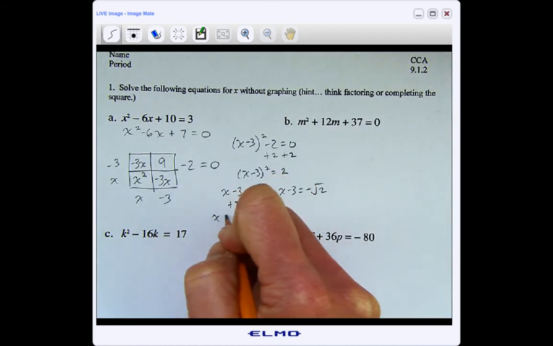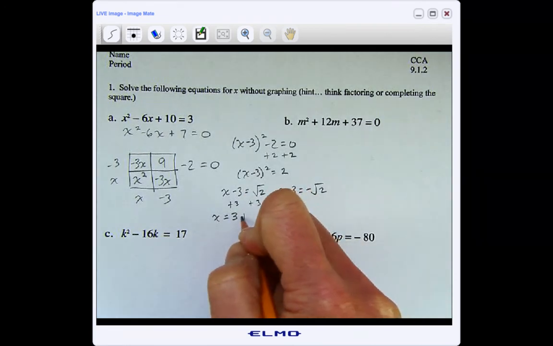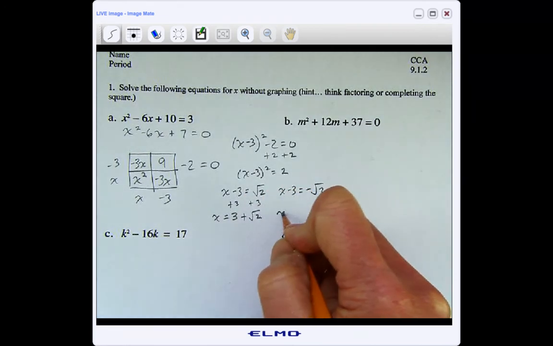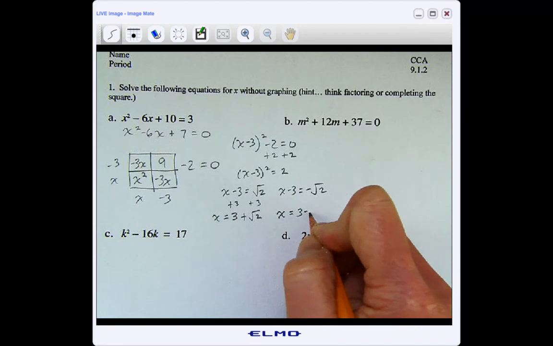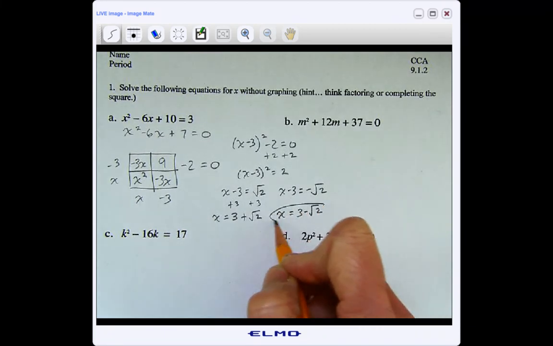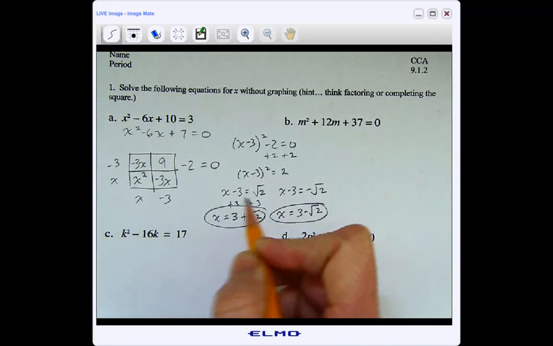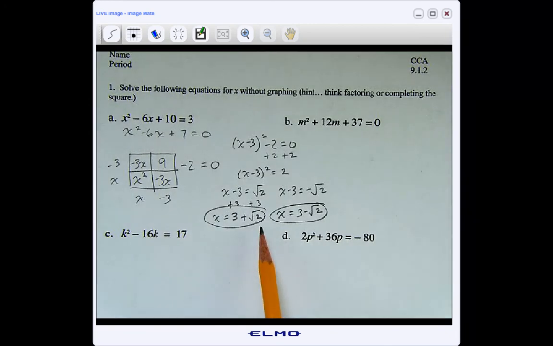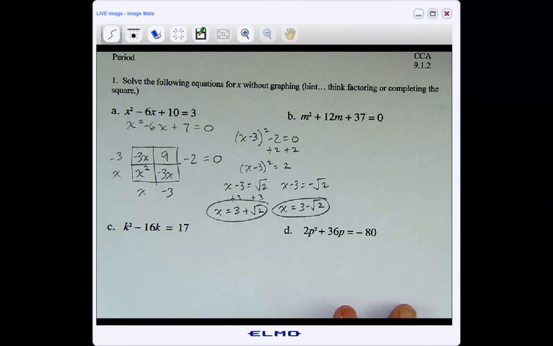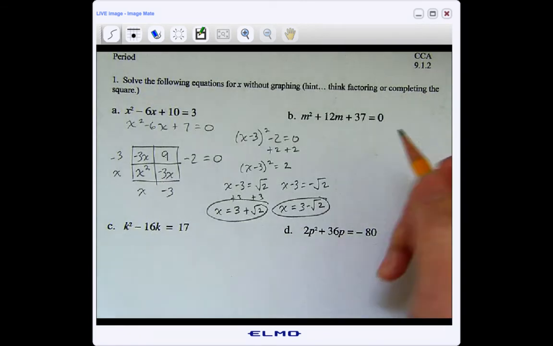So x is equal to 3 plus the square root of 2, or x is equal to 3 minus the square root of 2. So these would be my two values of x that would make this true. And you could find a decimal approximation if you wanted to. All right, so go on to B, and let's try that one by completing the square.